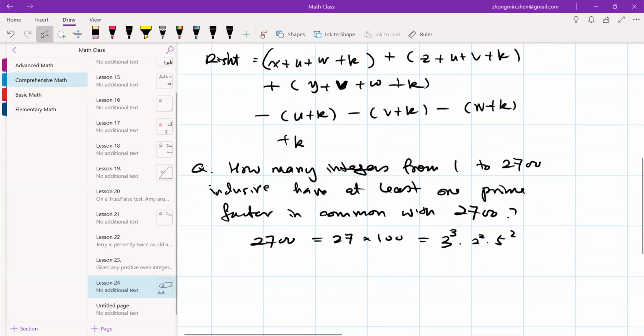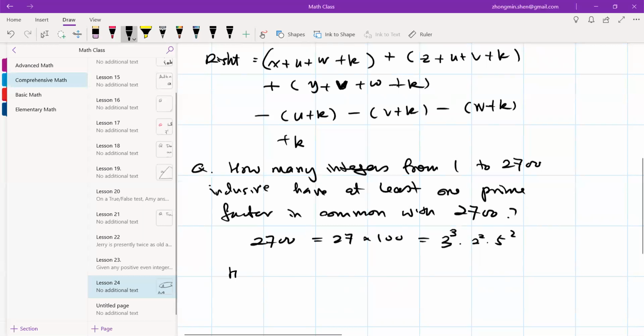So the integer having at least one prime factor in common with 2,700 means the integer is divisible by 3 or 2 or 5. Maybe divisible by 2 and 3, but at least divisible by one of the factors.